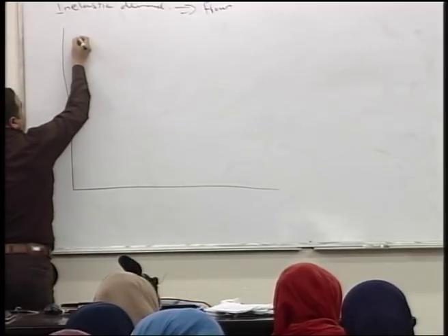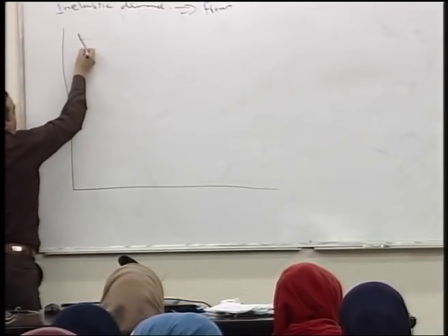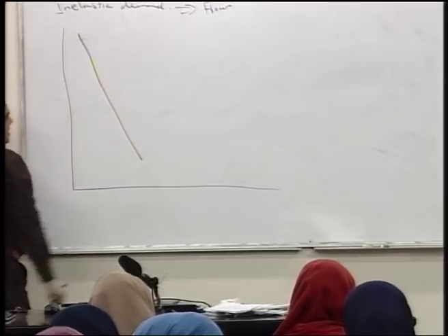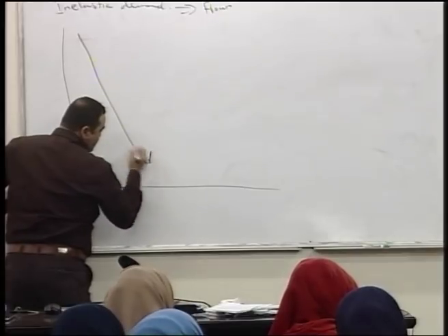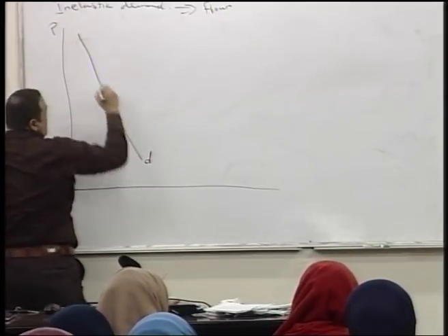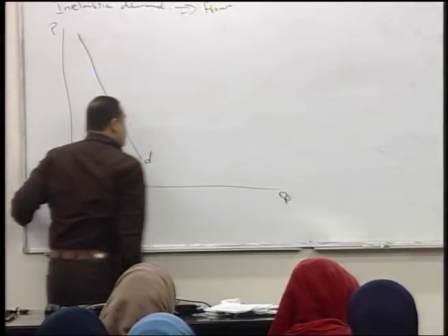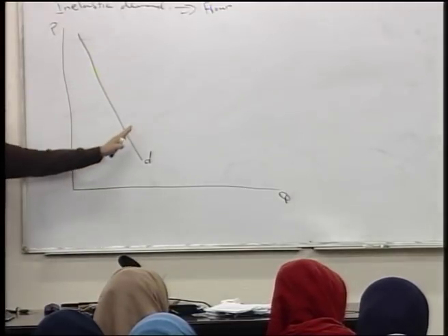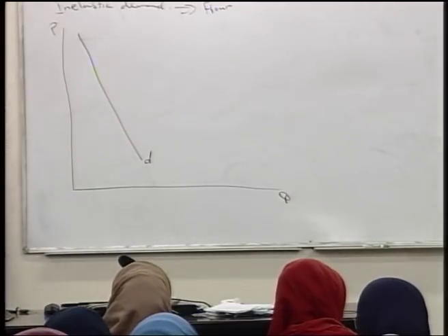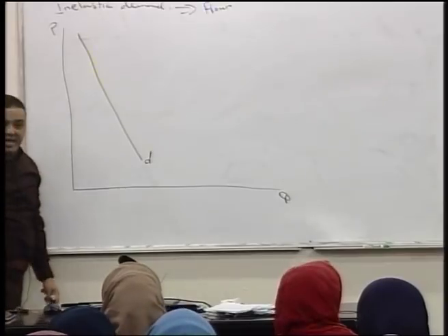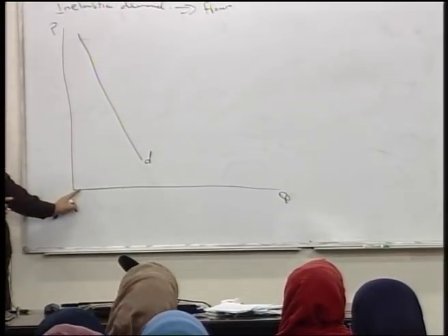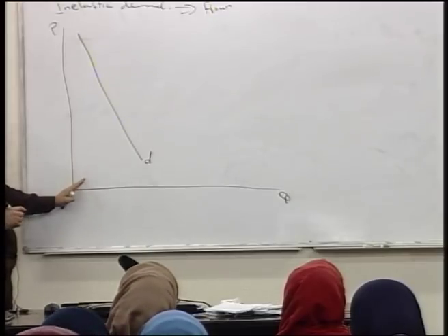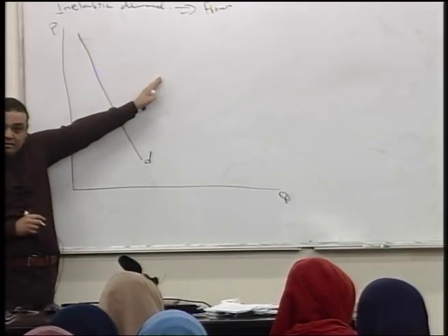When demand is inelastic, the demand curve should be close to the vertical axis. Here are the price and quantity, and supply is neutral, unitary elastic supply, which always starts from the 45 degree angle.